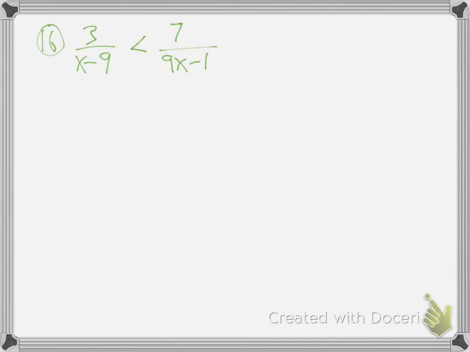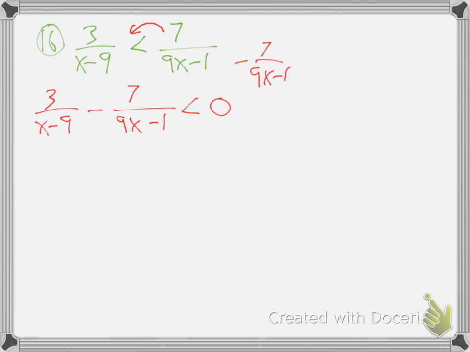So it's 3 over x minus 9 minus 7 over 9x minus 1. I really just subtracted that fraction. Is that confusing? I just subtracted 7 over 9x minus 1 from both sides to get a 0. I just didn't want to write all that.